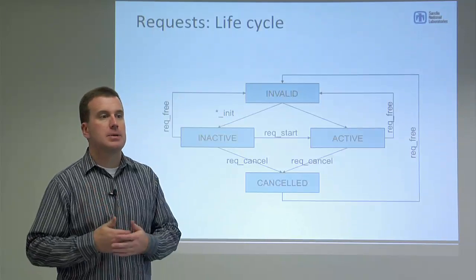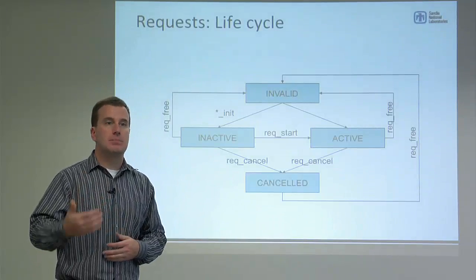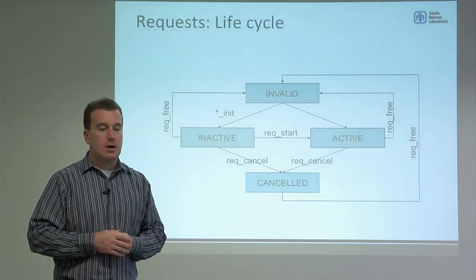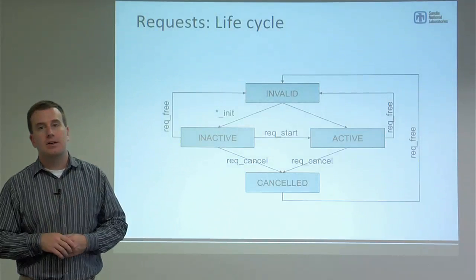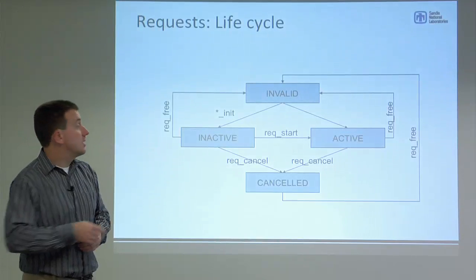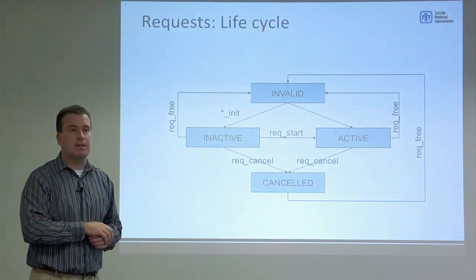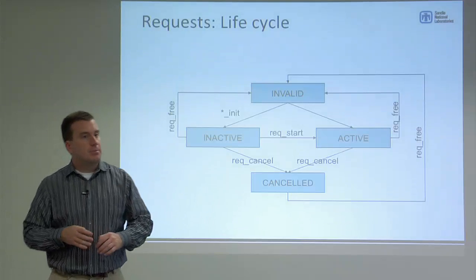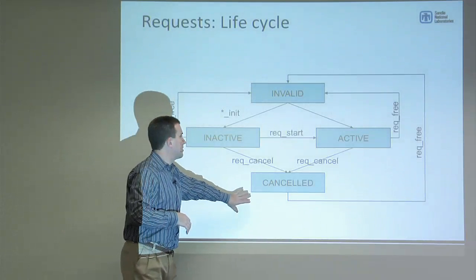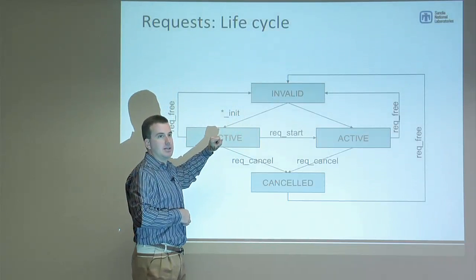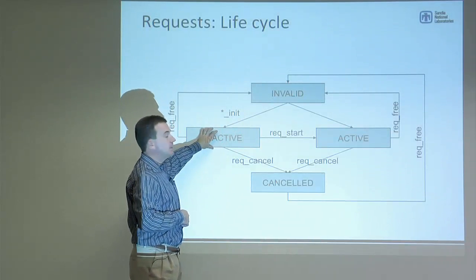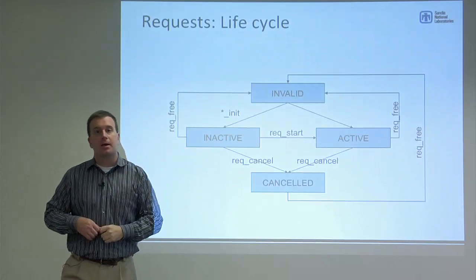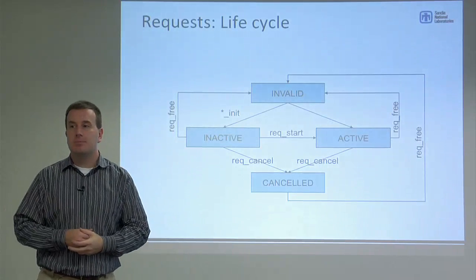So you have this nice life cycle that, again, is not too important if you're at the BTL layer, but if you're looking at what the PML does and how it uses the BTLs, if you're looking at OB1, you'll see that an awful lot of OB1 has to do with making sure this life cycle stays valid, because if we end up with all of the requests either canceled or invalid when it goes time to create a new one, there won't be any in that free list. And we'll allocate more, and suddenly we have a memory leak.